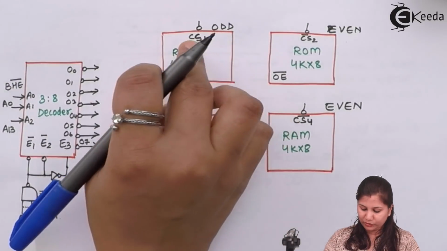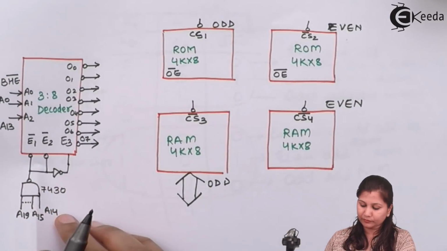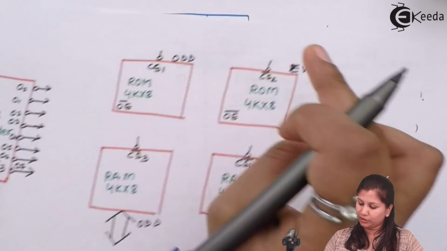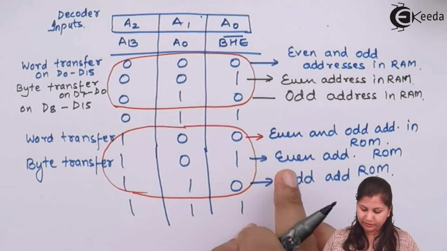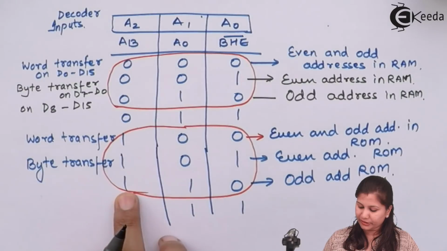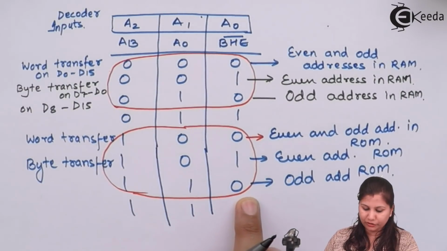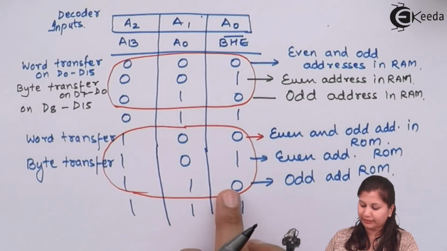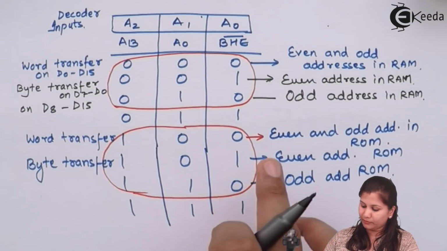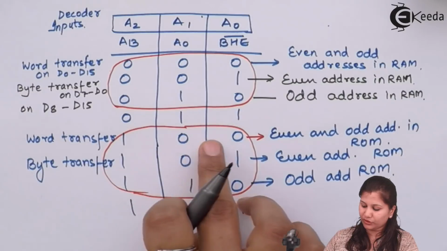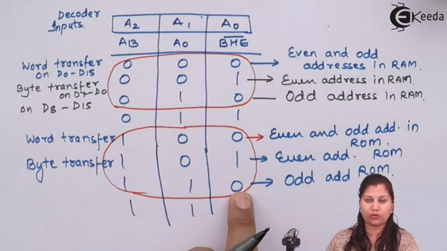For chip select 1, because this is for the odd address in the ROM, we have 110. So for the odd address in the ROM, we will use the 4th and the 6th combination, because we want 100 also and 110 also.